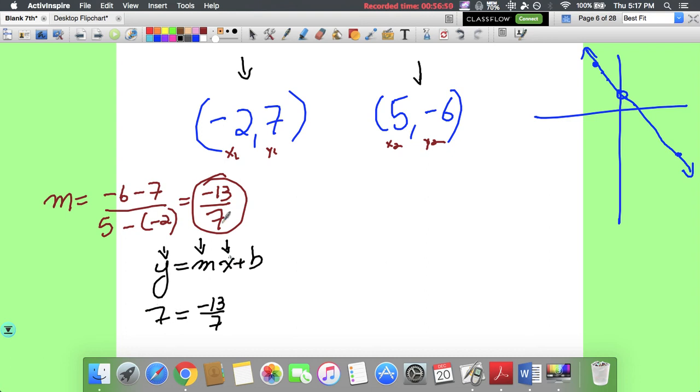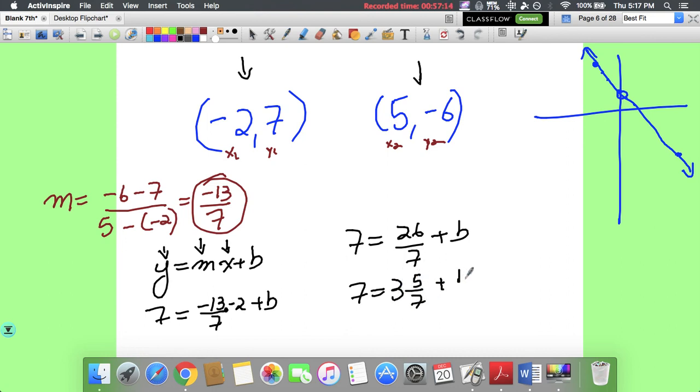Y is 7, x is negative 2, times, we're multiplying, don't forget we're multiplying, plus b. Continuing over here, I get 7 equals, and negative times negative is a positive, 26 over 7 plus b. 7 equals, let me just change it to a mixed number, 3 and 5/7 plus b.